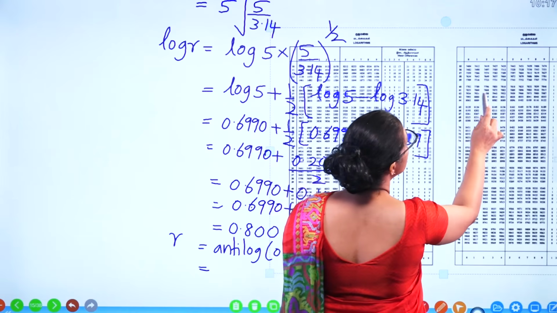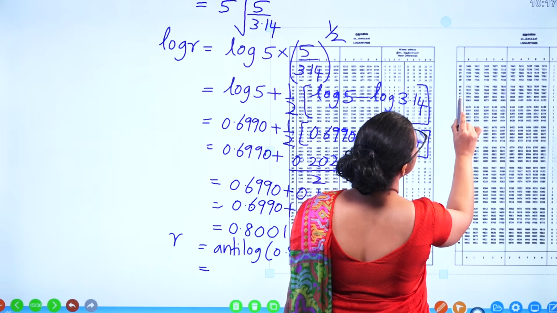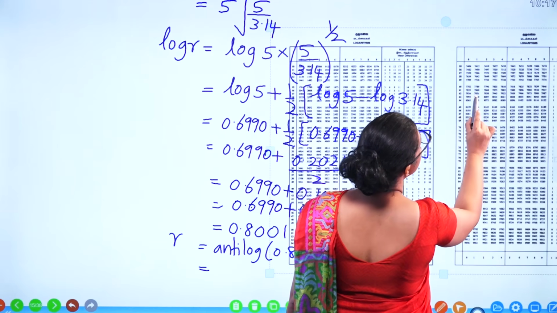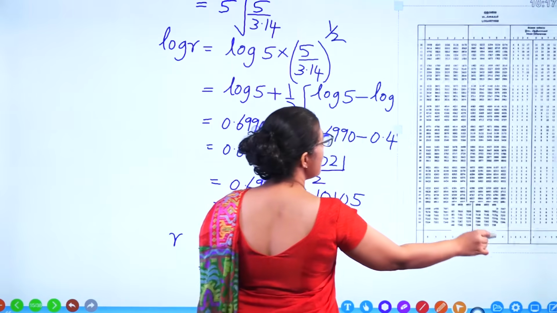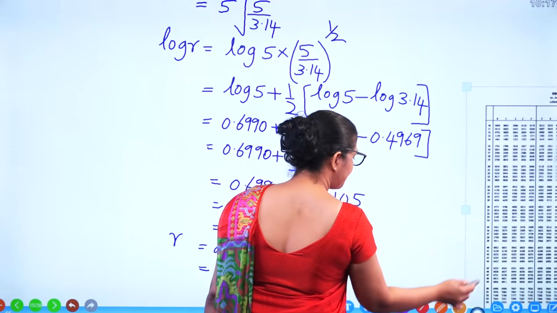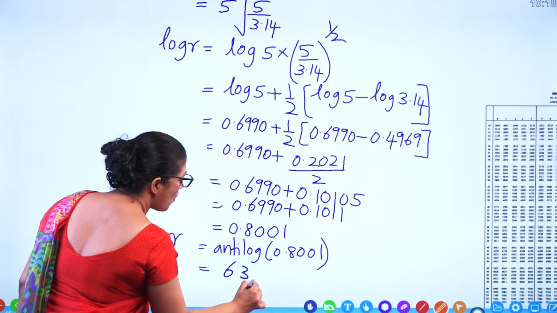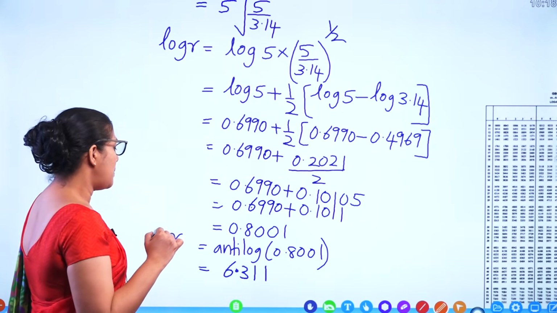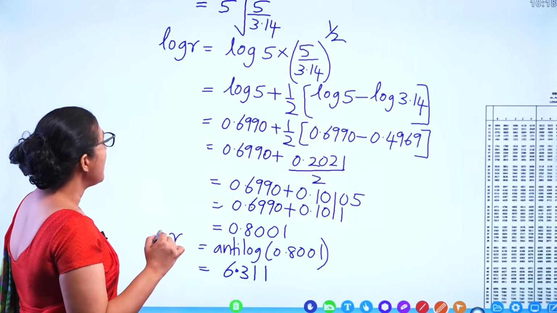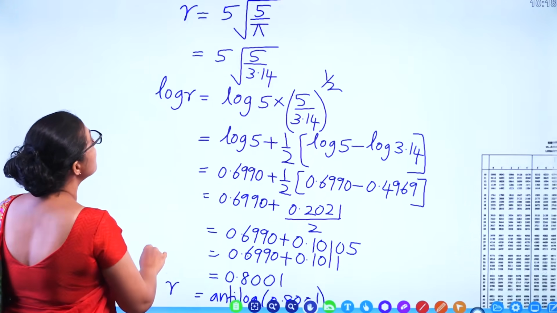Here, look at here. 8000 is there. 63, 1, 1. 63, 1, 1. So this is the decimal place here, and check what's the value we have to take.